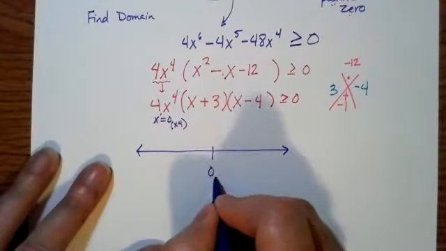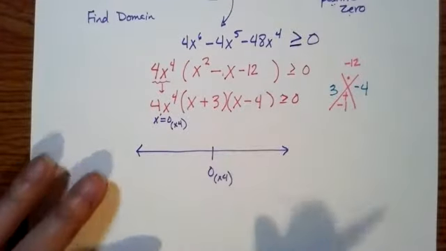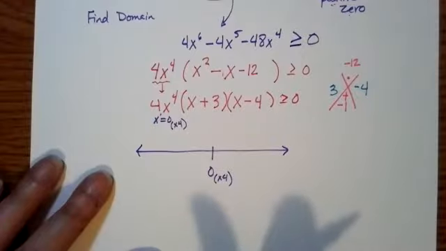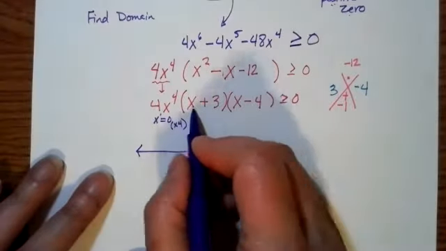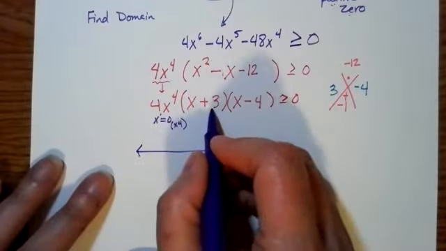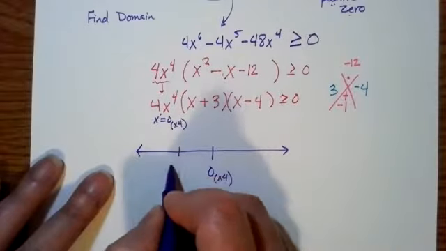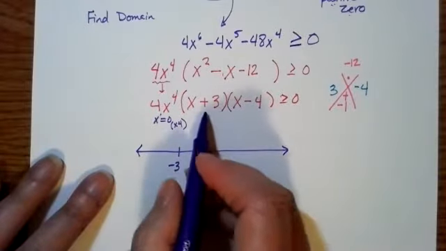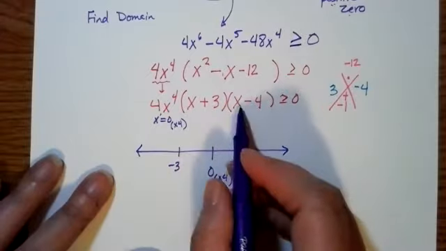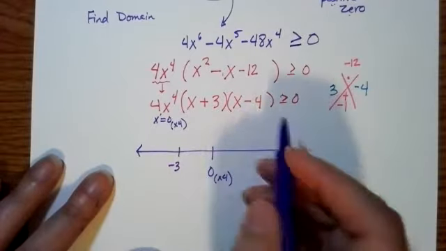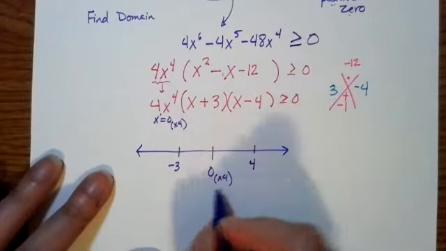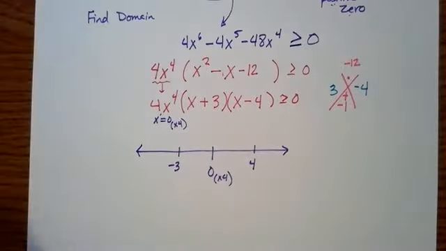So 0 is one of my roots, multiplicity 4. The next factor is going to generate a root of x equals negative 3. I'm going to put that back here. Just single multiplicity there. And this is another single guy, x equals 4. So he's going to come right here. But that fourfold multiplicity, we're going to make sure we don't change sign there.